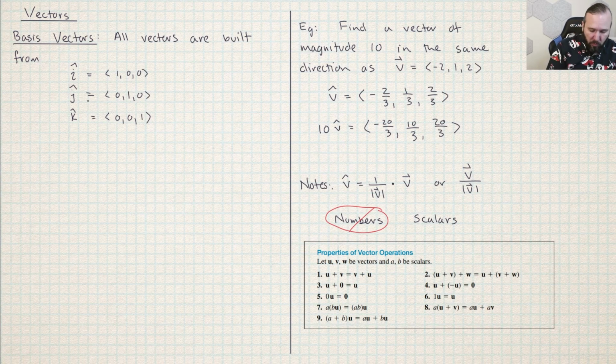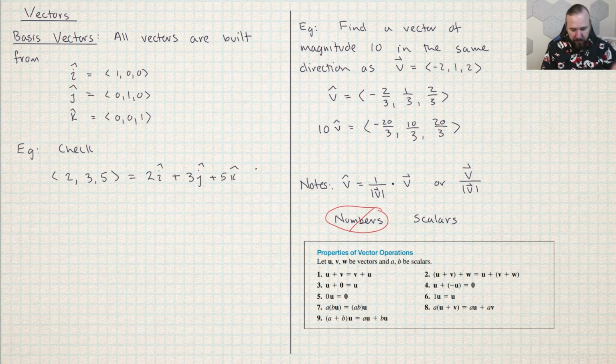Okay, so a lot of times you'll see this notation, and I'll use this notation as well. So let's just check really fast that the vector 2, 3, 5 is equal to 2i plus 3j plus 5k. So these are two ways to look at the same vector. One of them here is in component form.